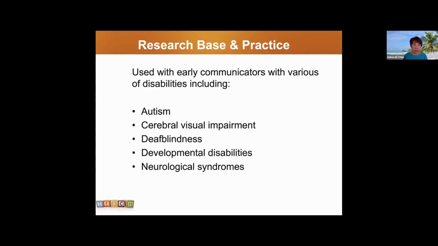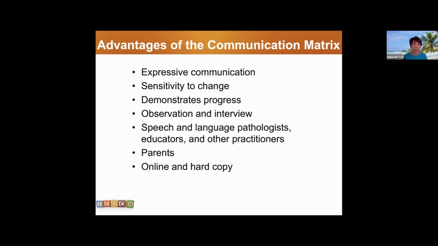There's a large research base because it's been used widely with children with a variety of disabilities, including autism, CVI, deaf-blindness, developmental disabilities such as Down syndrome, and various neurological syndromes. Here are some of the advantages. It assesses expressive communication.